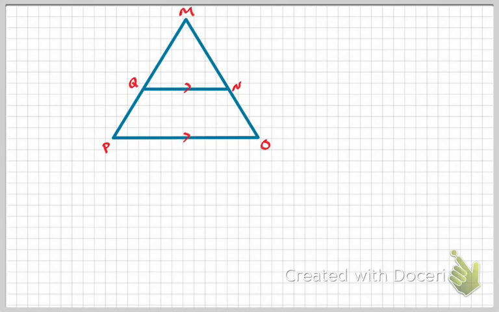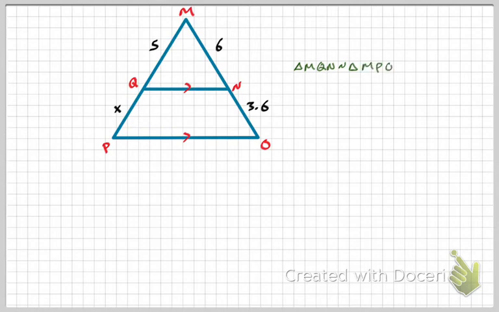Again, we have our reflexive. So again, I know that triangle MQN is similar to triangle MPO.